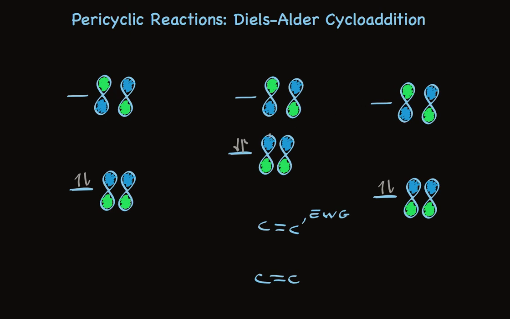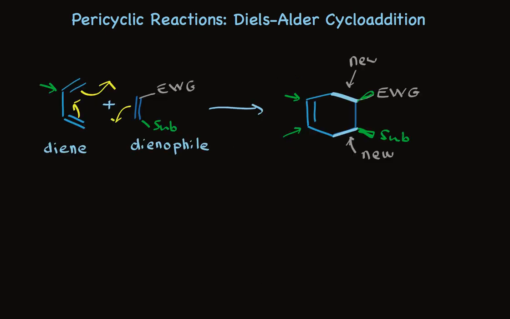When we try to match the ends of this pi system together with this one, the phases don't match. And for this reason, this reaction does not occur. In terms of this MO theory analysis, it's called forbidden. So while the 4+2 cycloaddition is allowed, the 2+2 cycloaddition is forbidden.